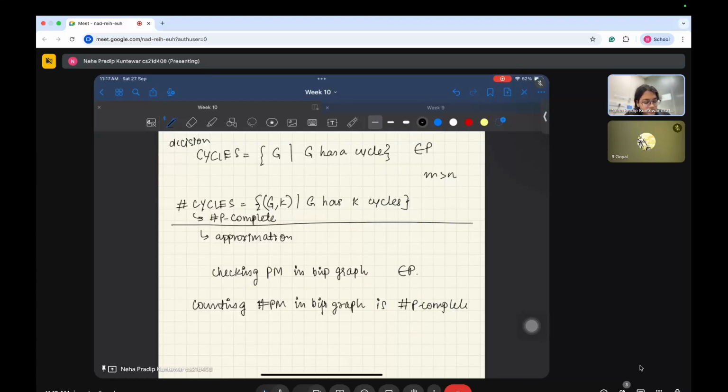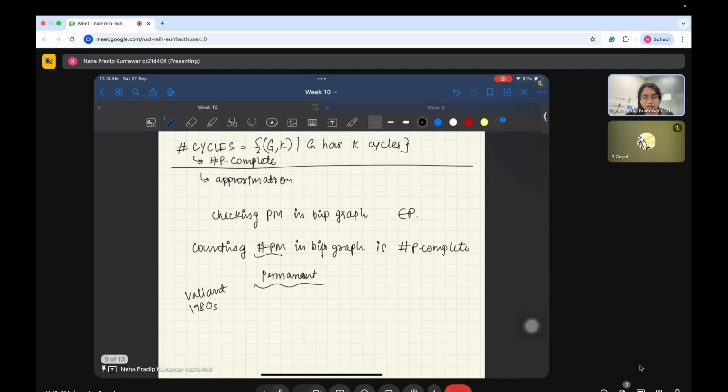The way this is shown is through the connection to the permanent problem: the permanent exactly captures the total number of perfect matchings in the bipartite graph. And this was the first problem, in fact, that was shown to be Sharp-P complete. Valiant, sometime in the 1980s, showed that permanent computation is a Sharp-P complete problem.